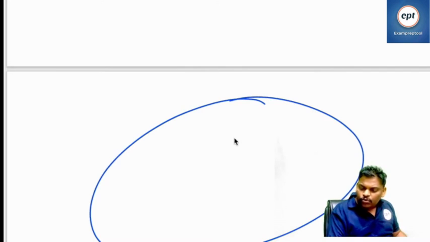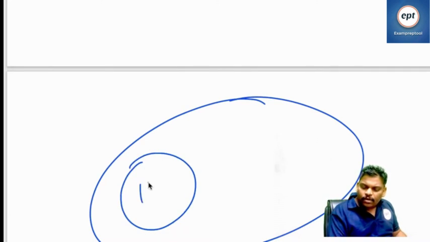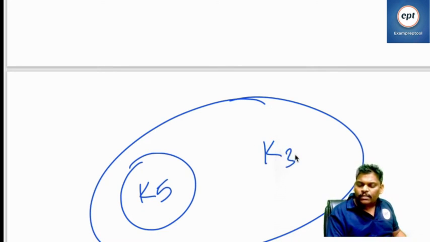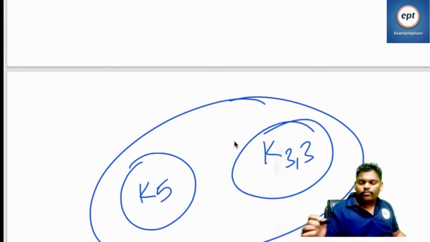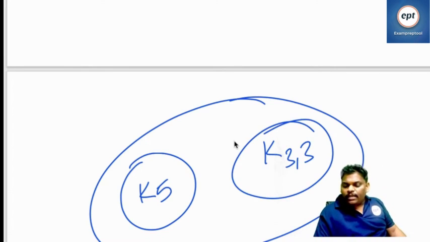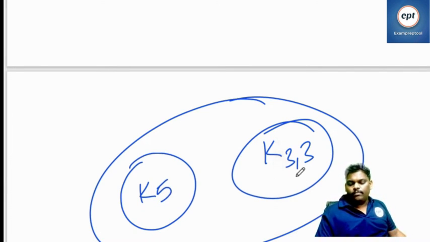Inside this graph, I don't want K5, I don't want K33 as a subgraph. I don't want inside this graph K5 or K33.